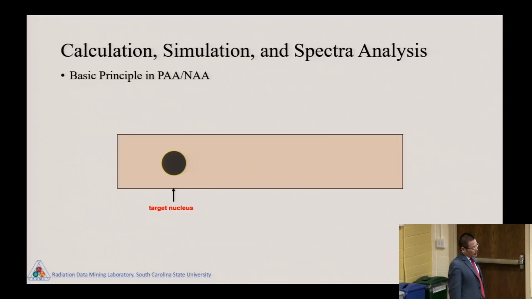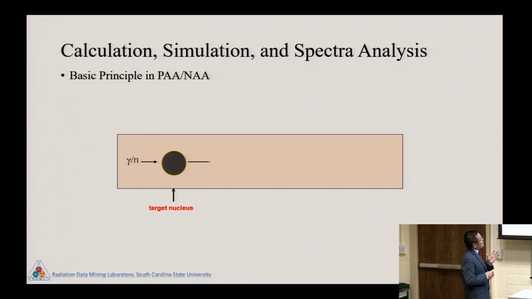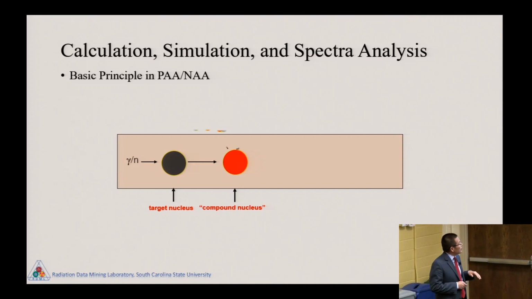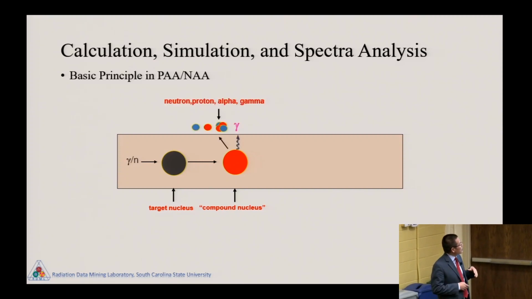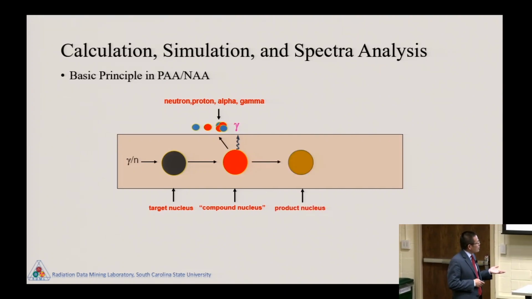This is the basic principle. We have a target nucleus, which is stable. To make it radioactive, we have a high energy gamma or neutron coming in. It becomes a compound nucleus, which is very excited, and then gives off alphas, betas, protons, neutrons, and decays into another one, the product nucleus.